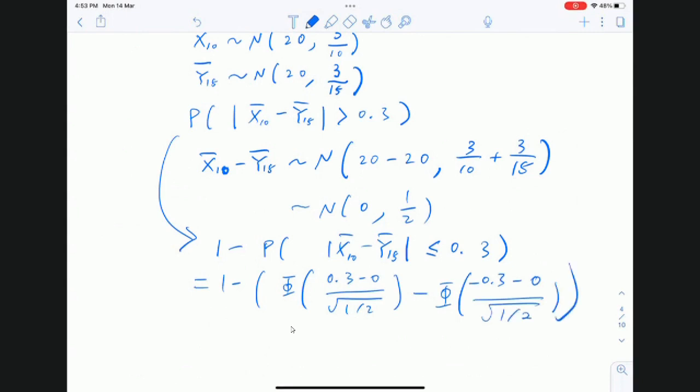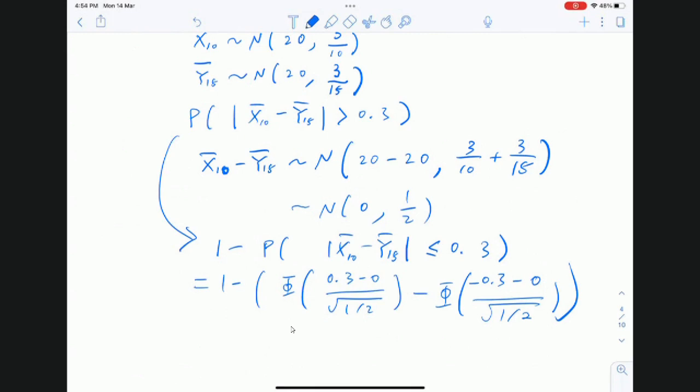If you have a normal random variable, we standardize it so that we can make use of the CDF of the standard normal. So eventually you can use the standard normal distribution table, or using R, you can get the numerical answer. For the detail, you can refer to the solution.